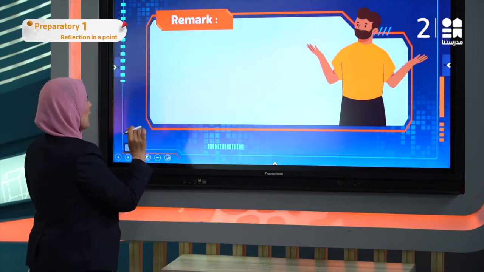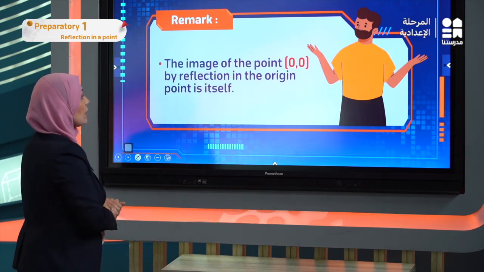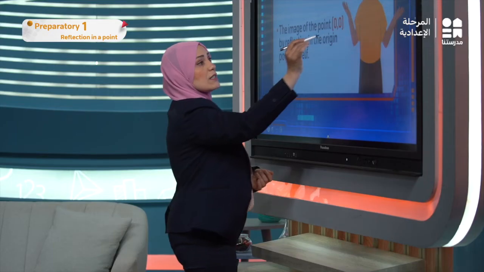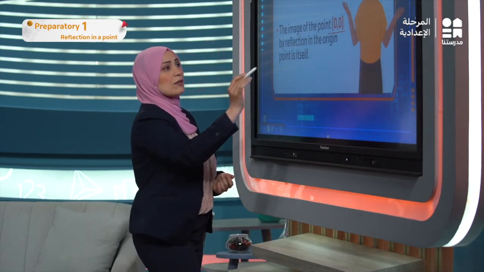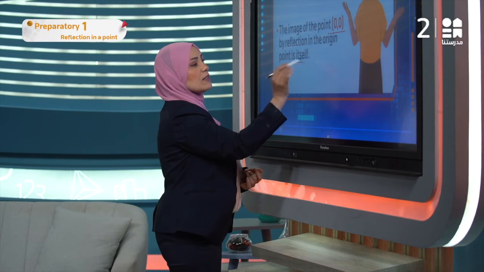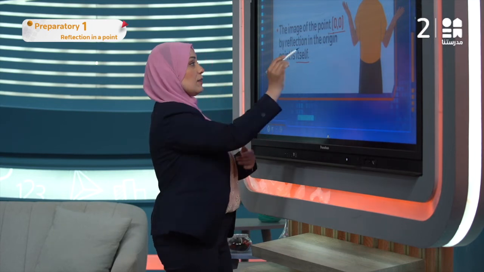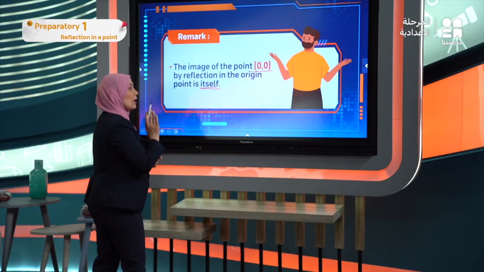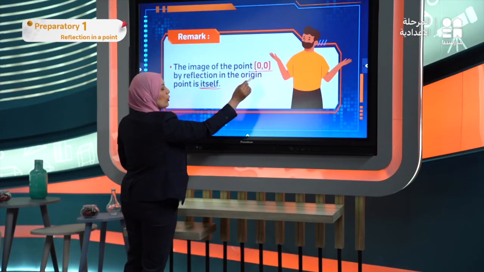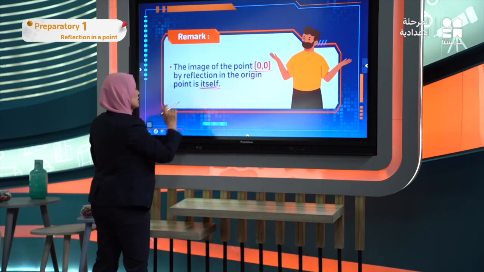Okay, so let's have a remark. The image of the point (0, 0), which is the origin, by reflection in the origin point is itself. If you need to reflect the origin point, it will be reflected over itself. The image and the original point will be the same, which is (0, 0).